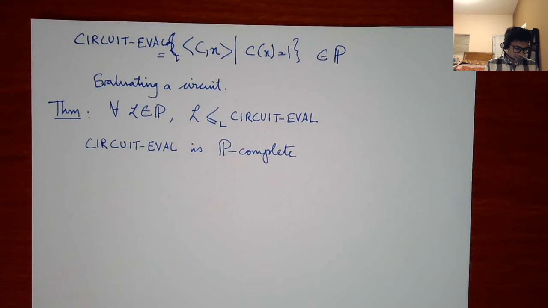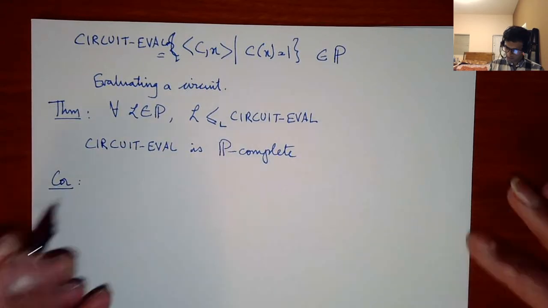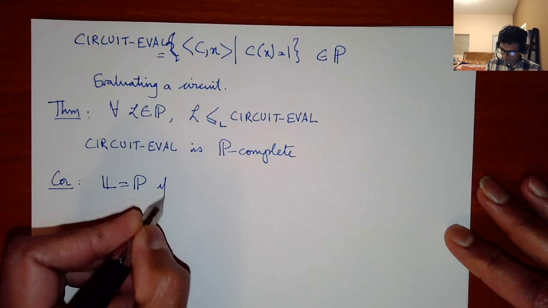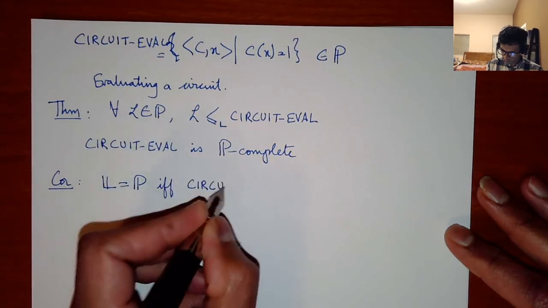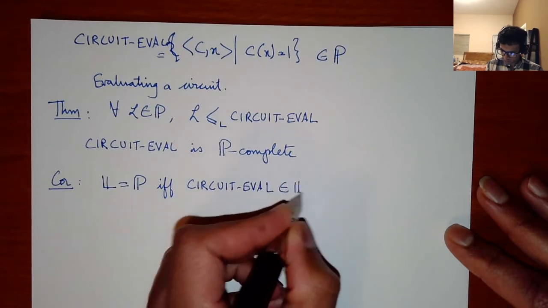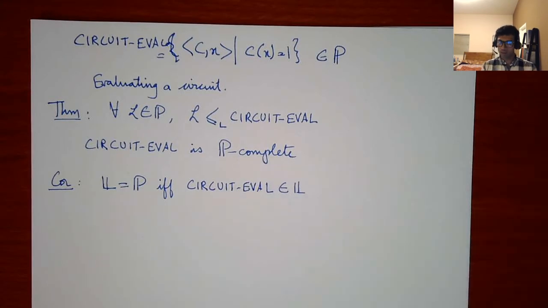And the main punchline, or the main importance of this, a corollary of this, is that L is equal to P if and only if circuit eval is in L. So what this is saying is, if you're trying to understand if all of P can be computed in log space, which we don't think is true, it suffices just to look at the circuit evaluation problem.